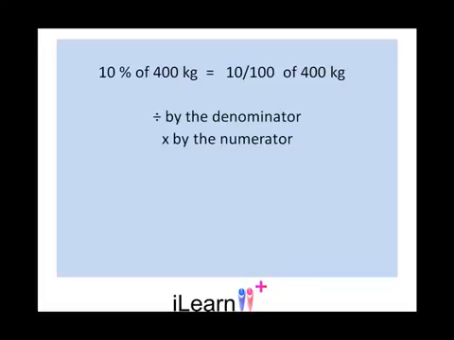Divide by the denominator and multiply by the numerator. 400 divided by the denominator, that's 100, equals 4. 4 multiplied by the numerator, that's 10, equals 40.